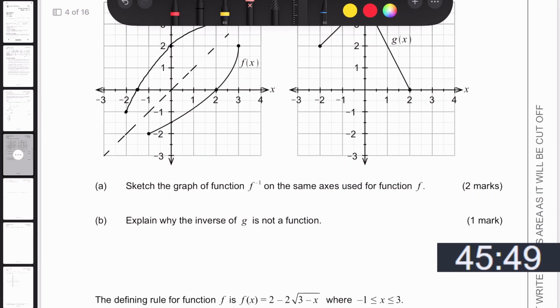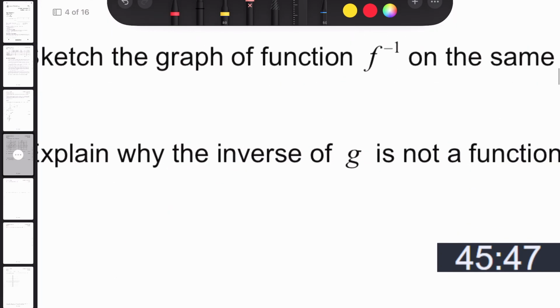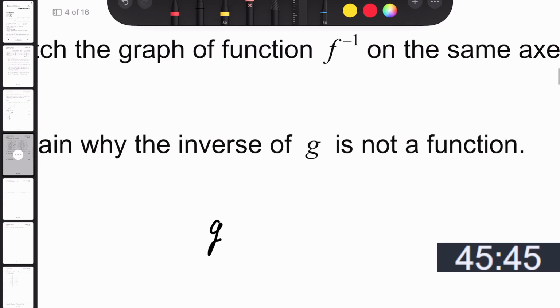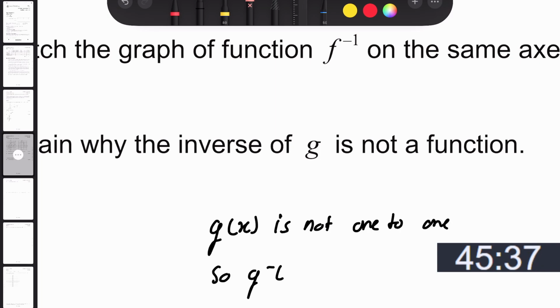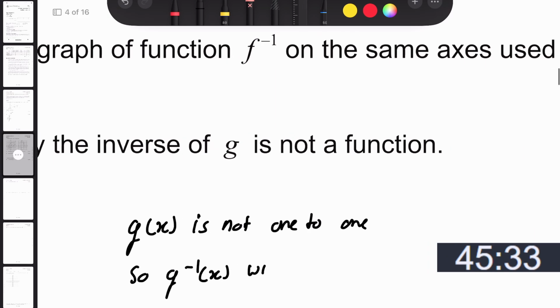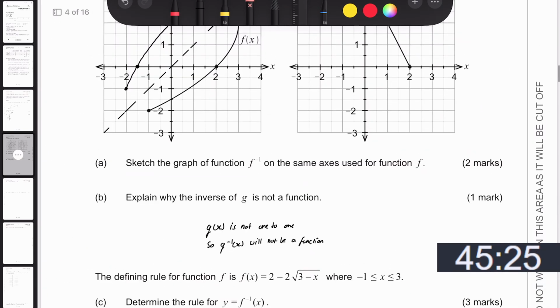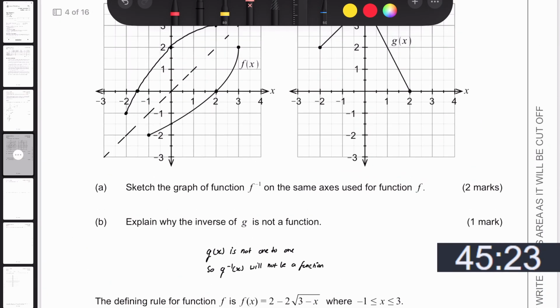Explain why the inverse of g is not a function. g of x is not 1-to-1. So g inverse of x will not be a function, because it would be 1-to-many.